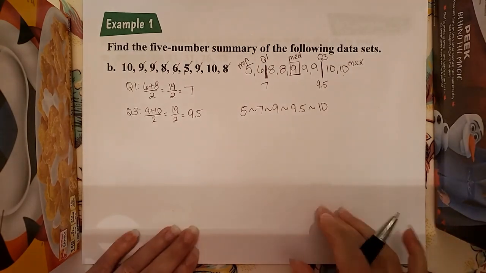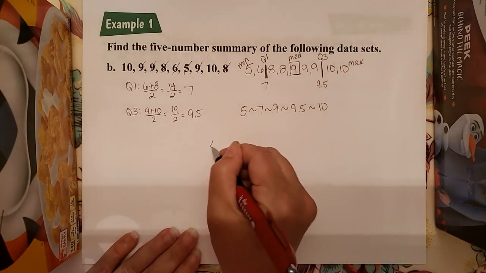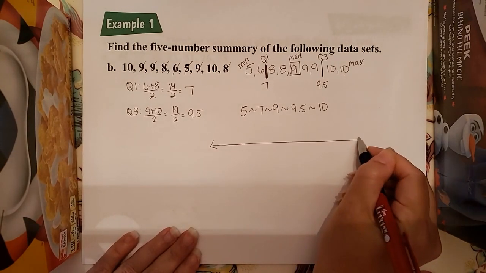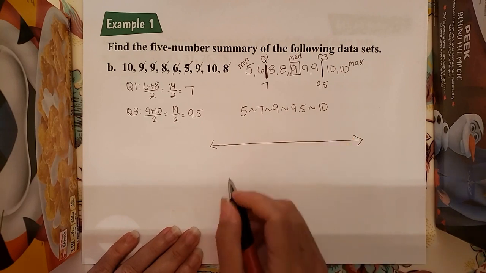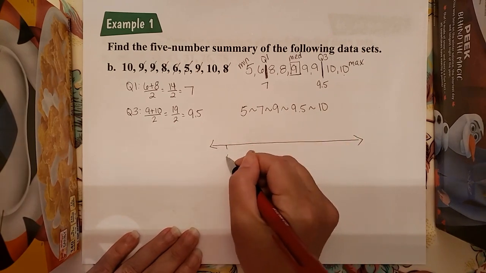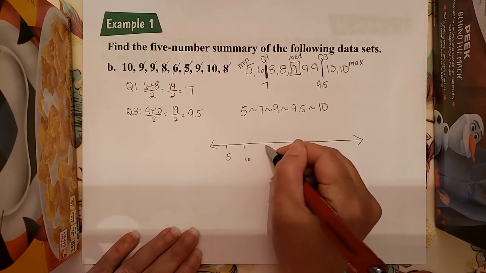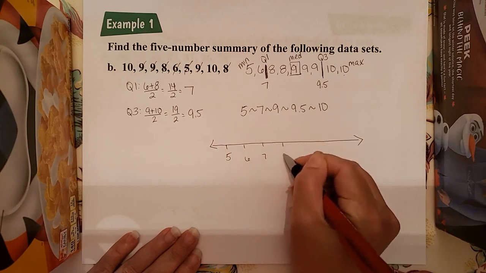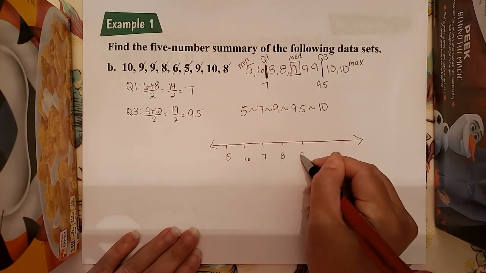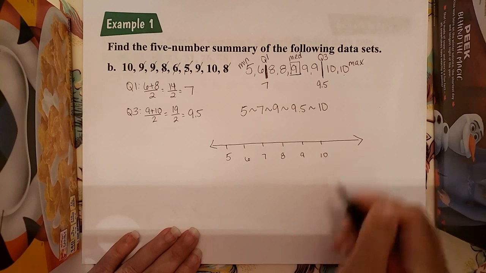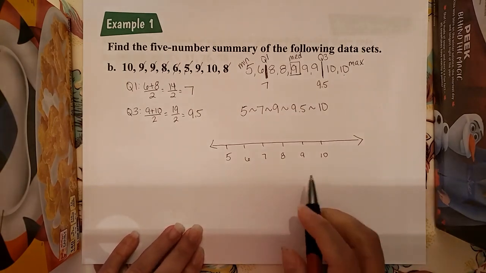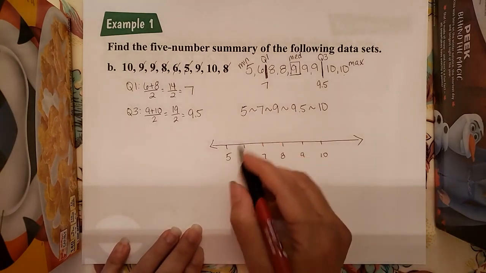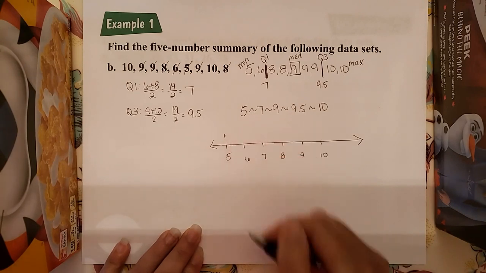Let's turn that into a box and whisker plot. So we're going to make a number line. This one's going from 5 to 10. 5, 6, 7, 8, 9, 10. So my minimum is 5, a dot goes on 5.